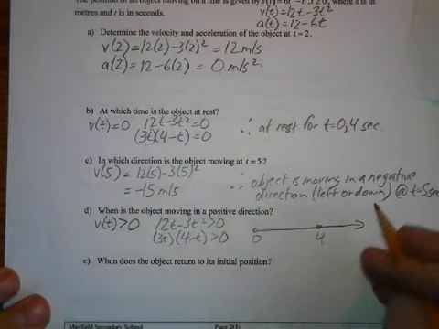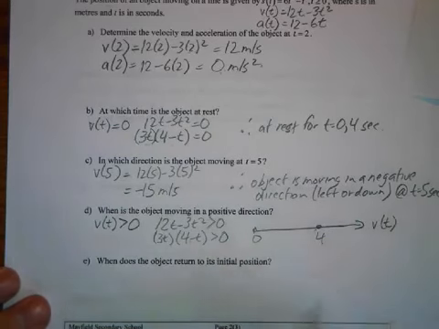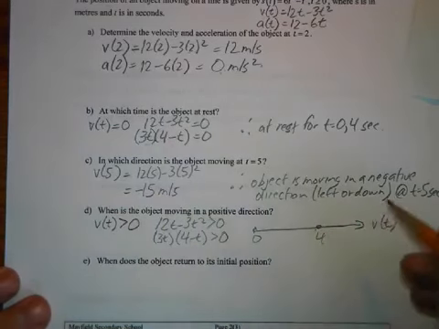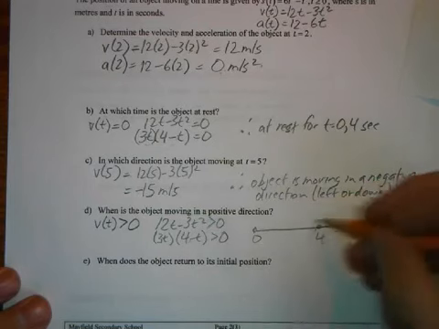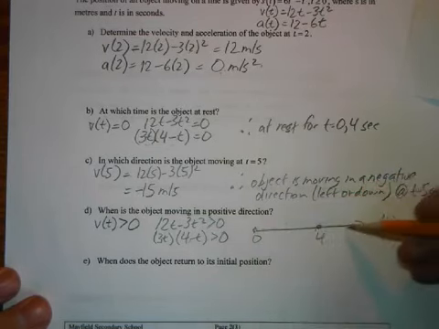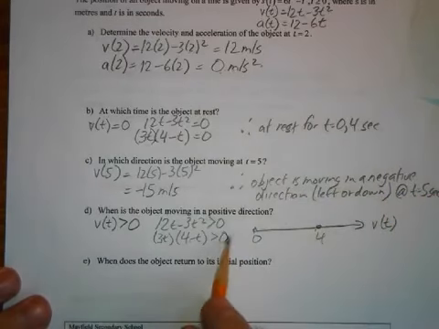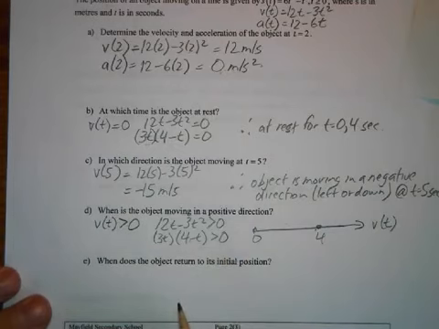So what we do, we have basically two intervals here: between 0 and 4 seconds, and greater than 4 seconds. We don't need to look at less than 0 because that's negative time. It's already told us t is greater than 0, I believe, in the opening statement.